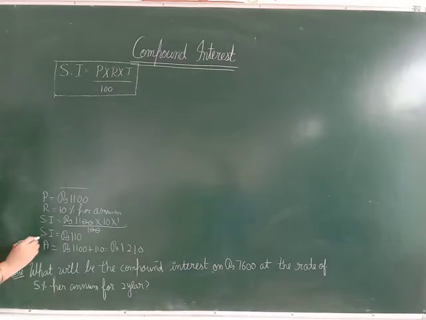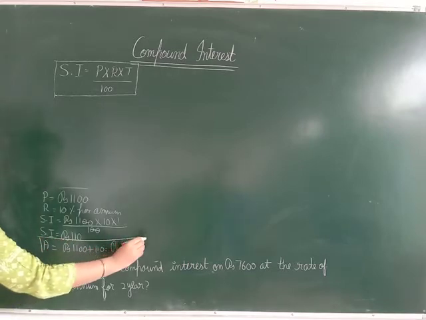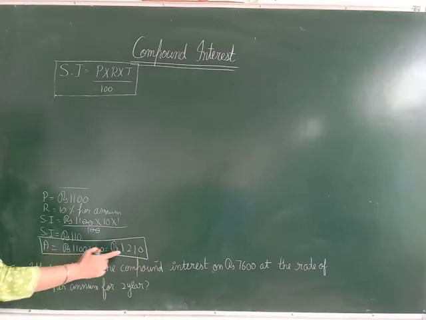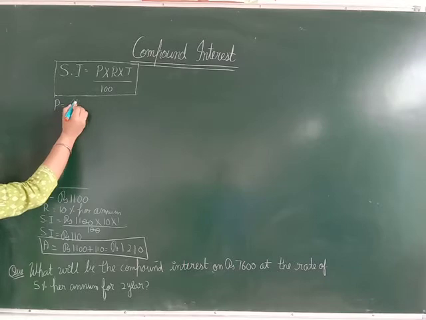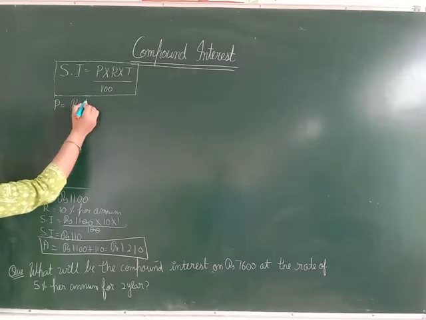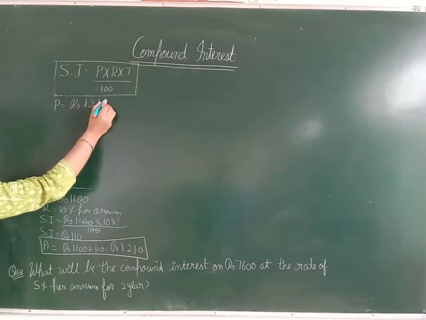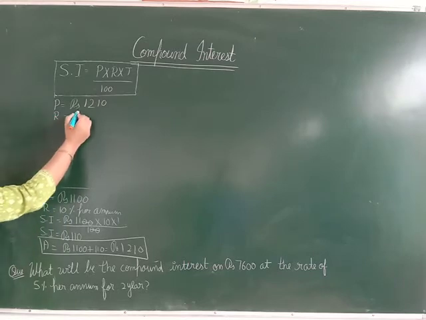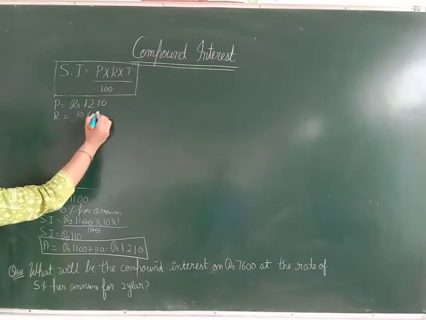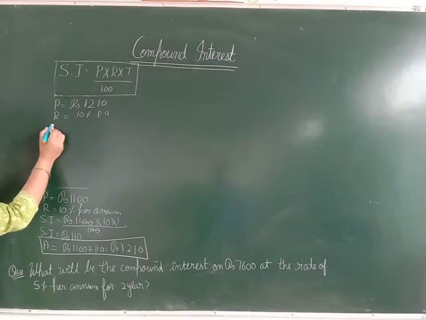Now for the 3rd year, this amount becomes principal. For the 3rd year, your principal becomes ₹1210. The rate remains the same. Rate is 10% per annum, right? Now again you will find interest.